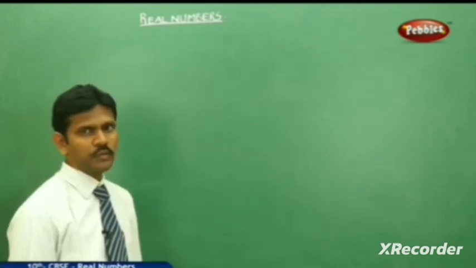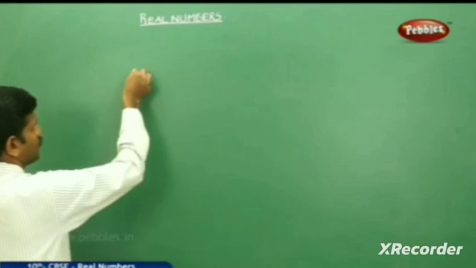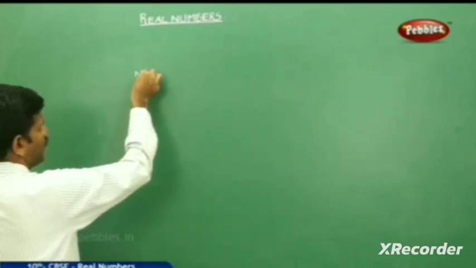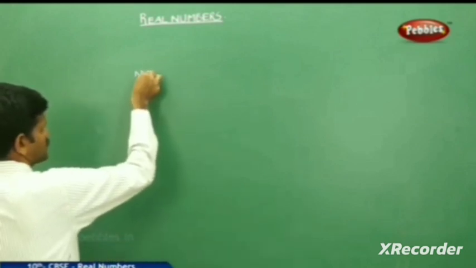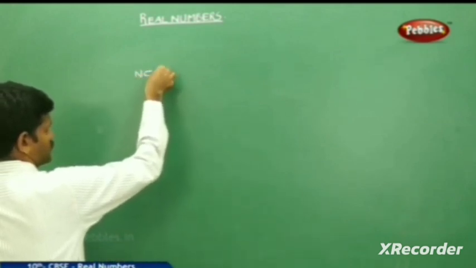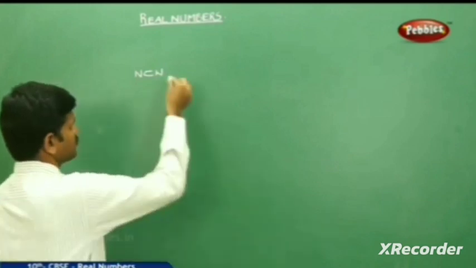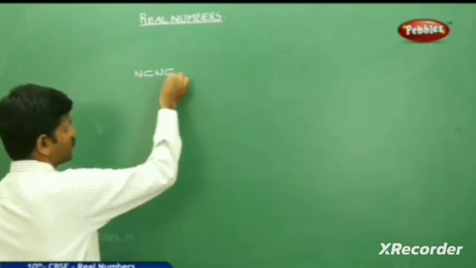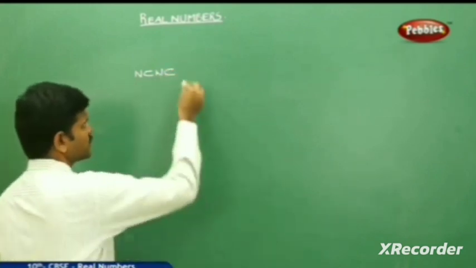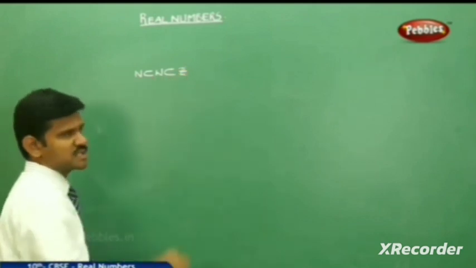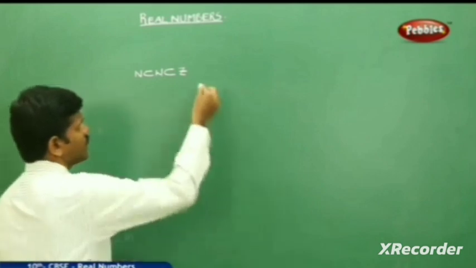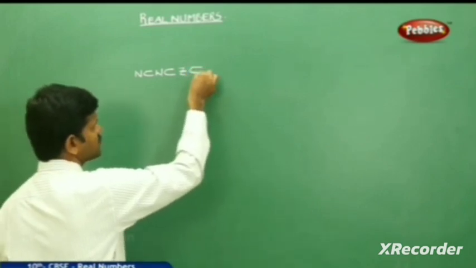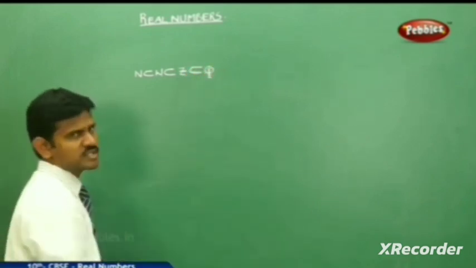Okay, from our previous knowledge, we can decide that all natural numbers are whole numbers. That is, natural numbers are a subset of whole numbers, and all whole numbers are integers. That is, whole numbers are a subset of integers, and all integers are a subset of the rational numbers.